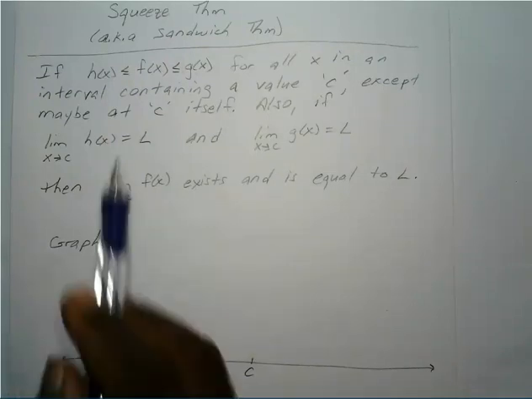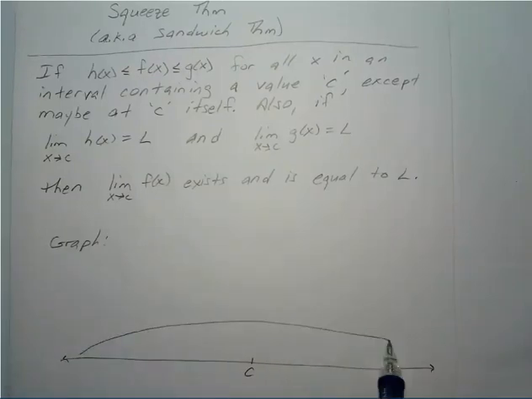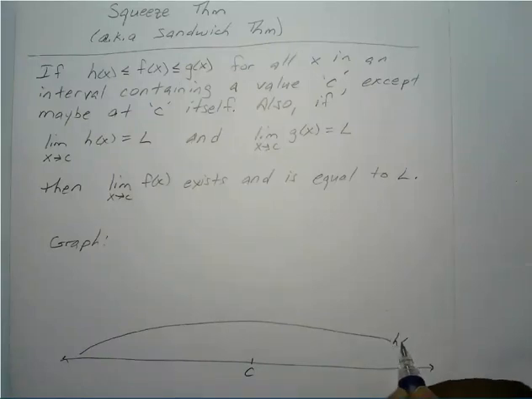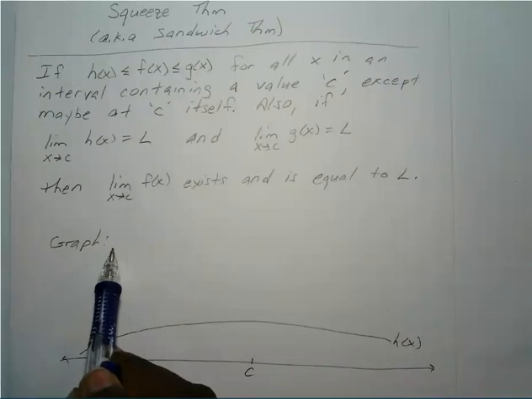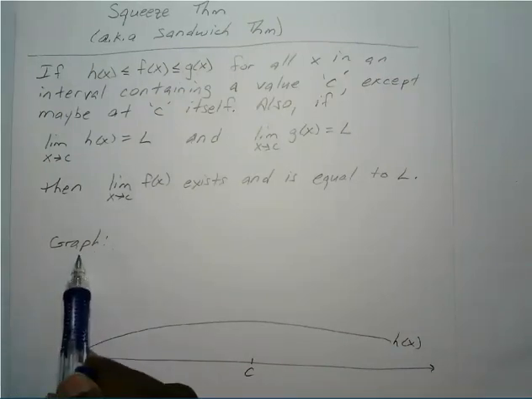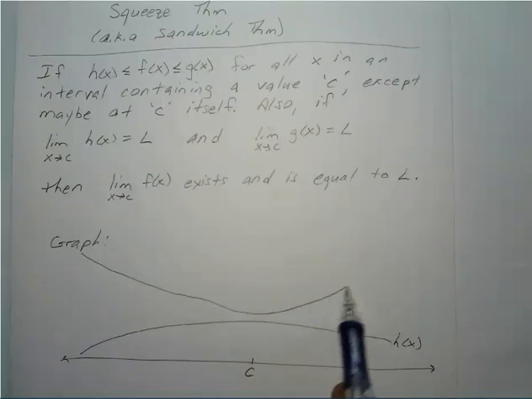Let's say our h of x is some graph that looks like this. It could be any graph. We'll just make this our h of x. And let's say our g of x looks something like this.